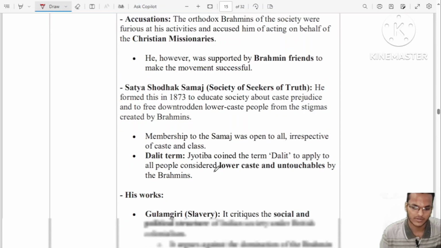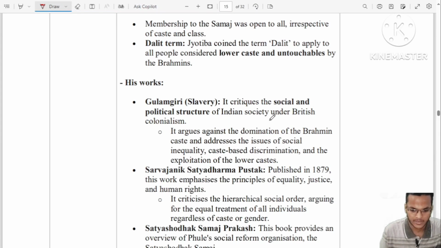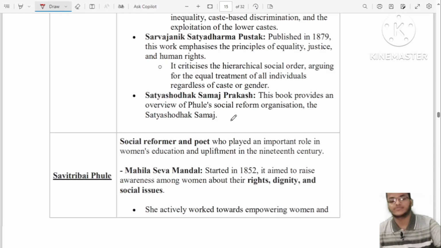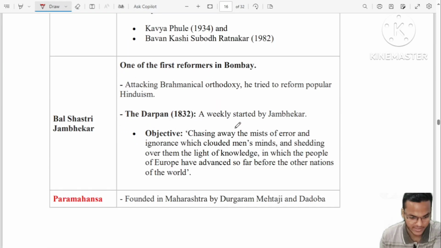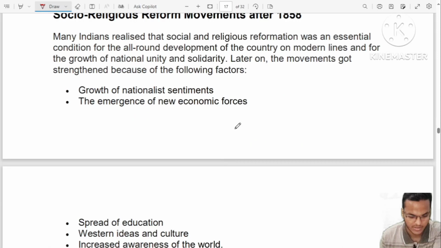Satyashodhak Samaj was founded by Jyotiba Phule. He wrote a critique, Gulamgiri.